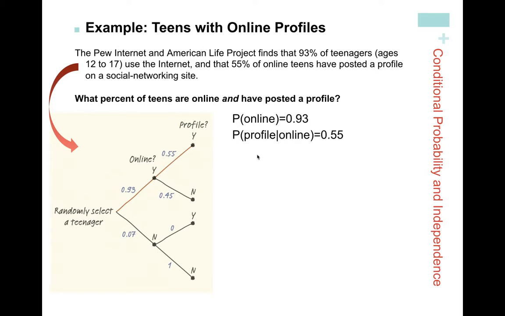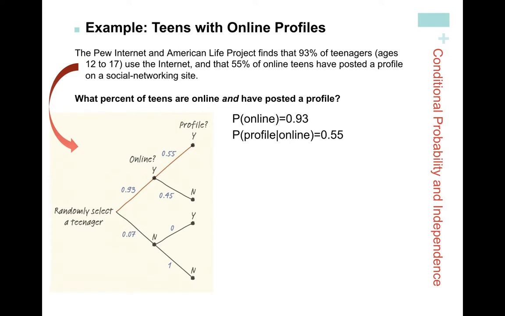Okay. But the question is, what percent of teens are online and have posted a profile? Is that 0.55? No, the word "and" is intersection, right? So this question is asking us, what is the probability of online intersect profile? Not "given that." Well, how do we get that?